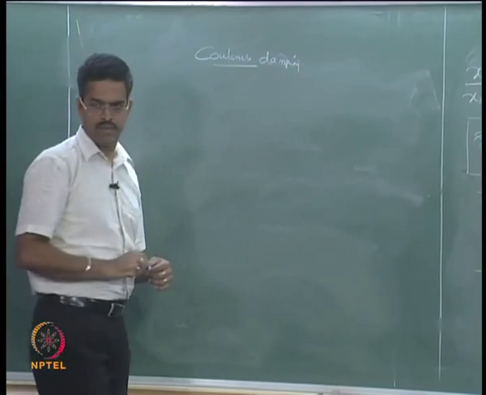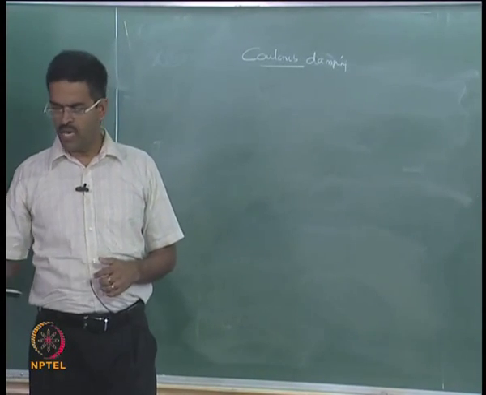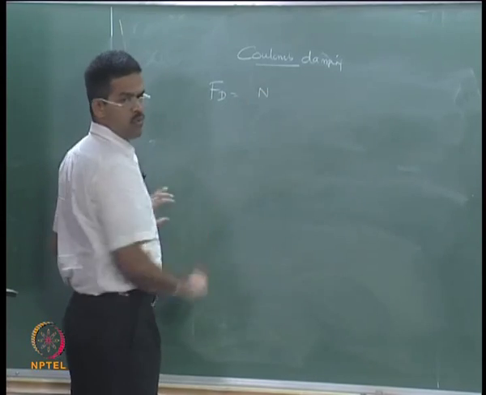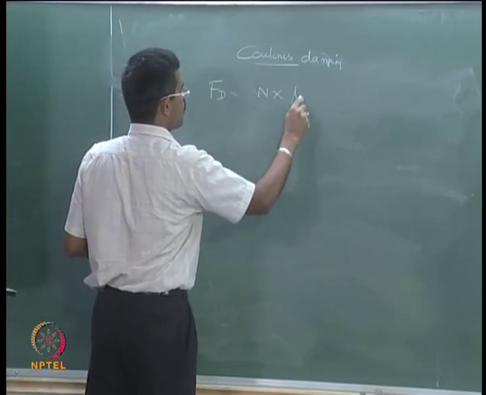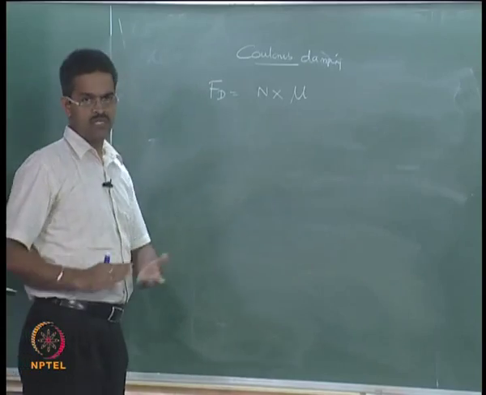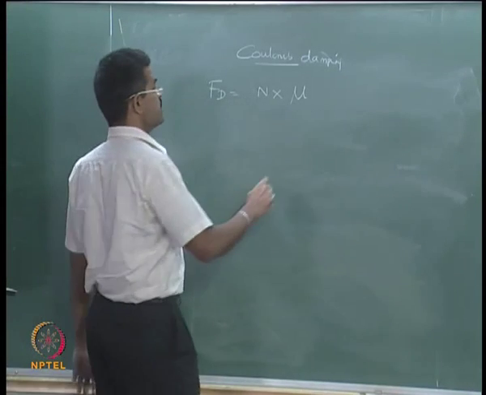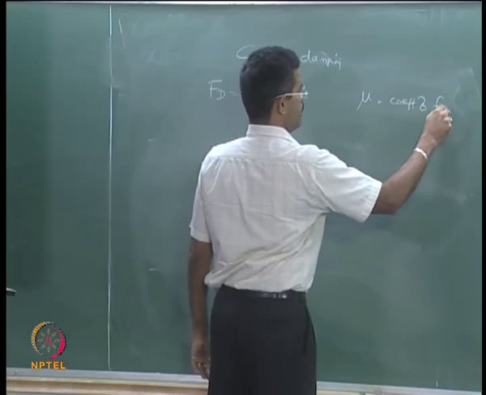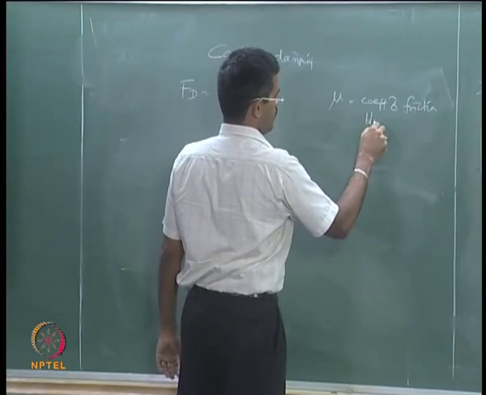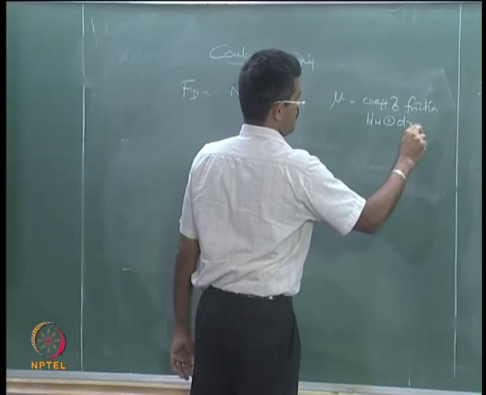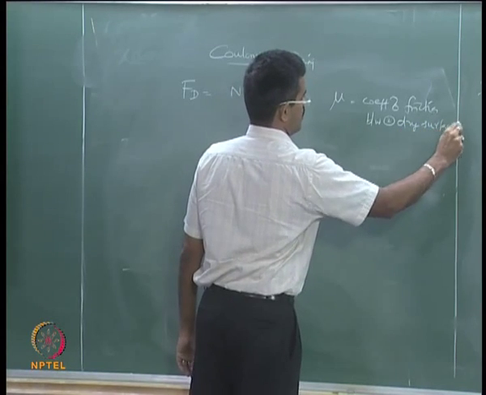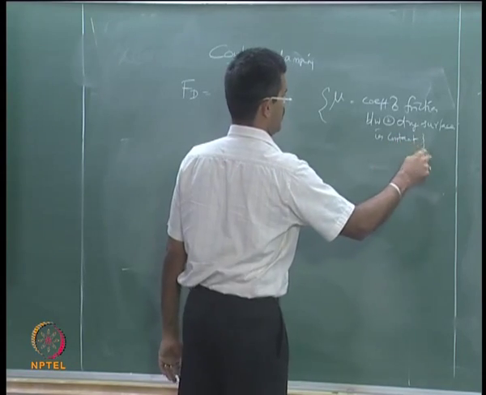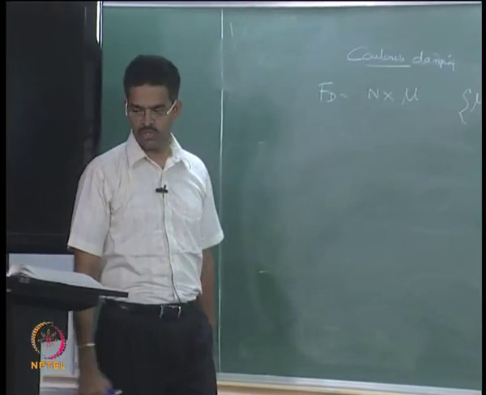more in detail. We already know the Coulomb damping force is the normal force acting on the system multiplied by the coefficient of friction between the two dry surfaces, where mu is the coefficient of friction in contact, and N is the normal force.